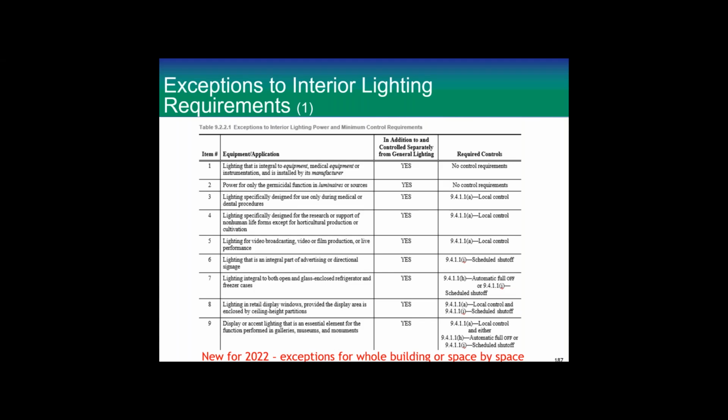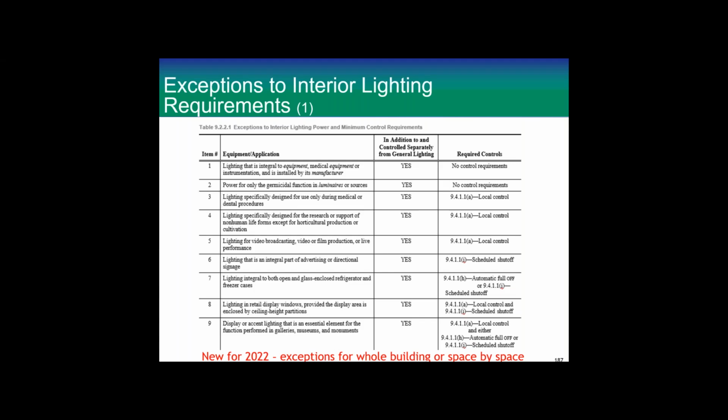So this is interior lighting. These are the exceptions to interior lighting requirements, and you can see that sometimes. So lighting is integral to equipment. Well, this makes sense. You've got a piece of mechanical equipment, medical equipment, or instrumentation that is installed by the manufacturer, so a big bright light for somebody to operate by or something like that.